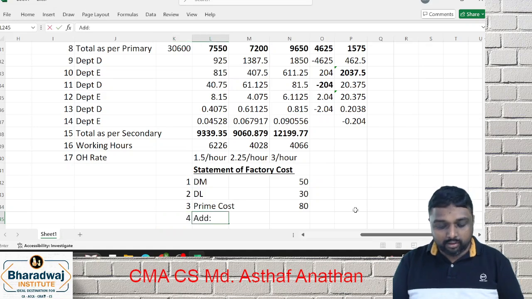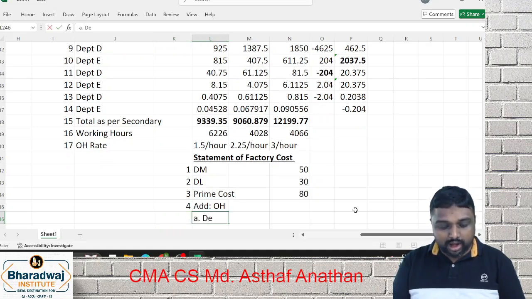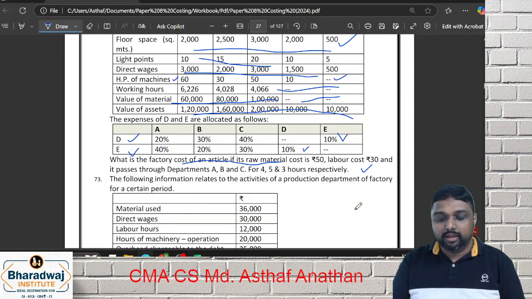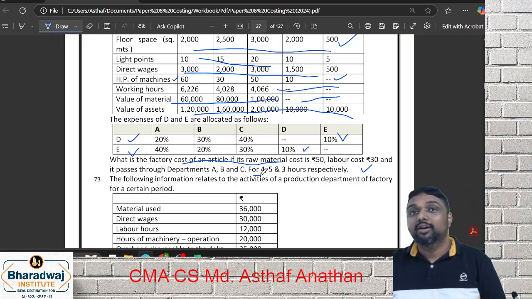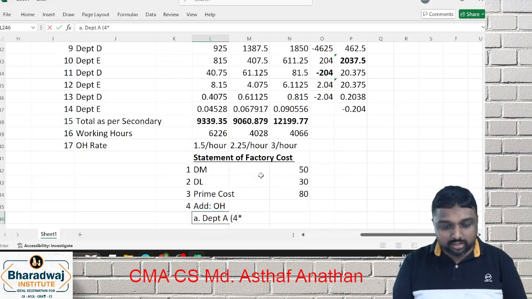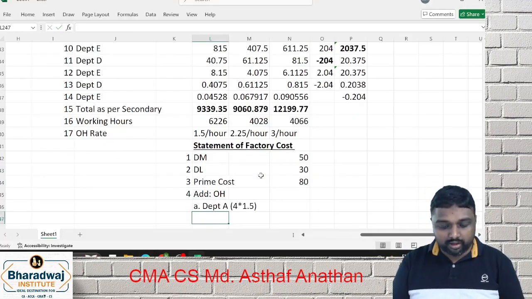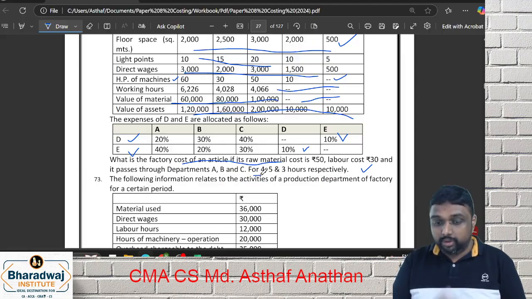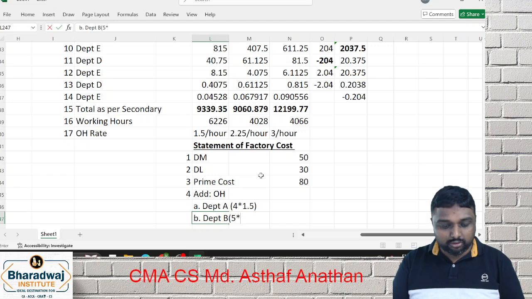You have to add overhead. Here you have to add department A. Department A, how many hours do you take? 4 hours. So 4 into 1.5. Department B, how many hours? 5 hours into 2.